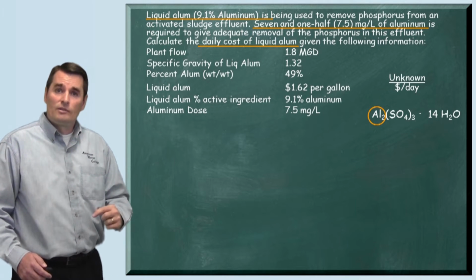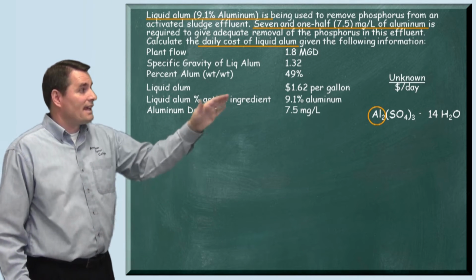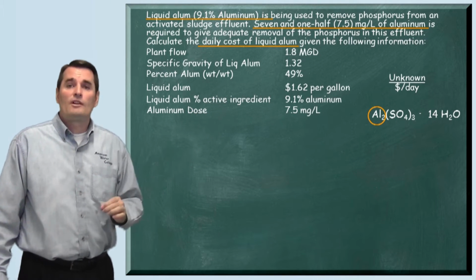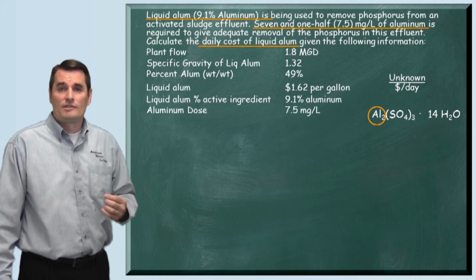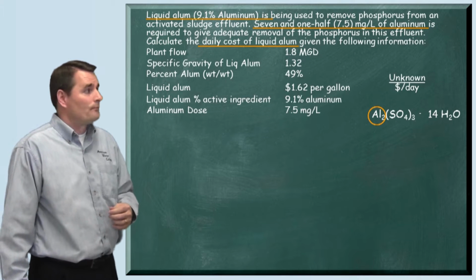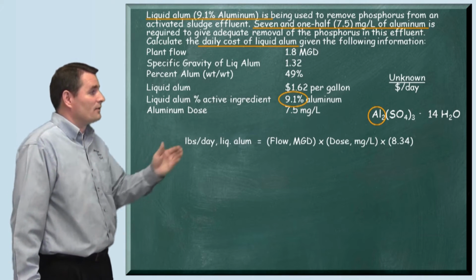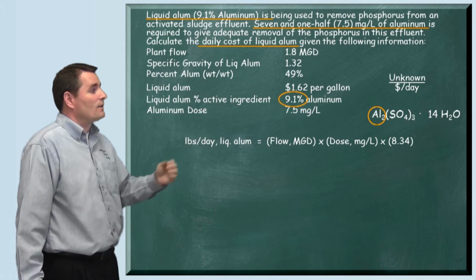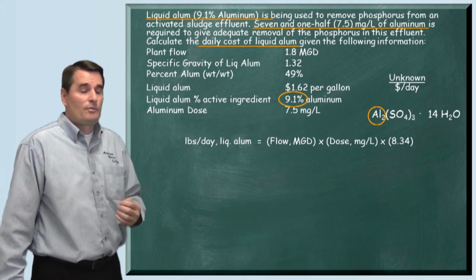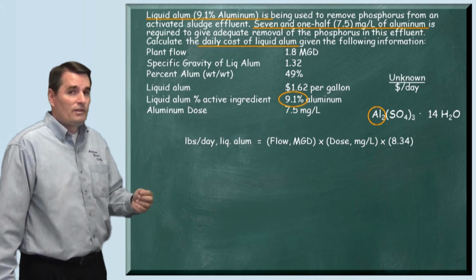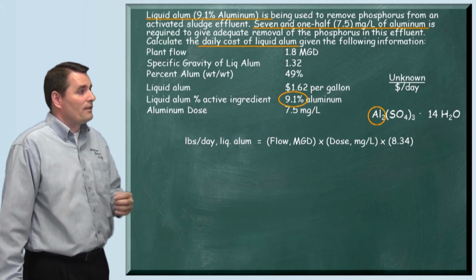But when we dose, we're dosing liquid alum, which contains all of that. So when we use our pounds formula, we'll have to take into account the 9.1% that's due to aluminum. So our normal pounds formula reads as follows. Pounds per day of liquid alum will be equal to our flow in million gallons per day times the dose, that's the 7.5 milligrams per liter, times 8.34.